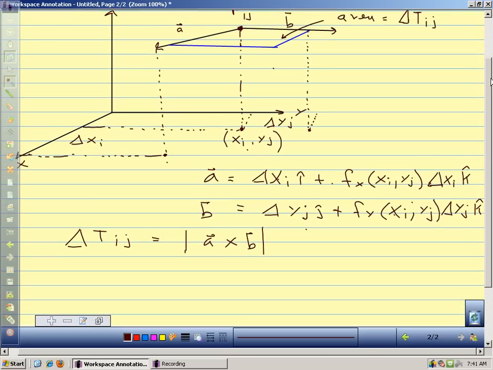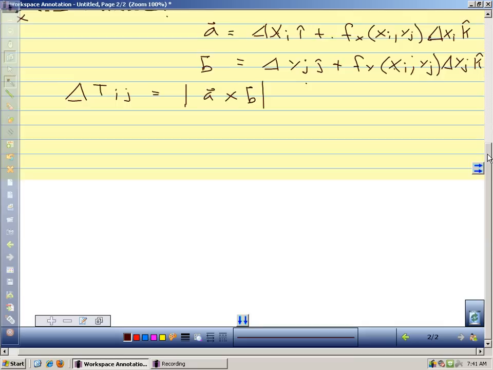If we take the cross product, it has a lot of delta x sub i's and delta y sub j's in it, so I'm just going to write out the result.